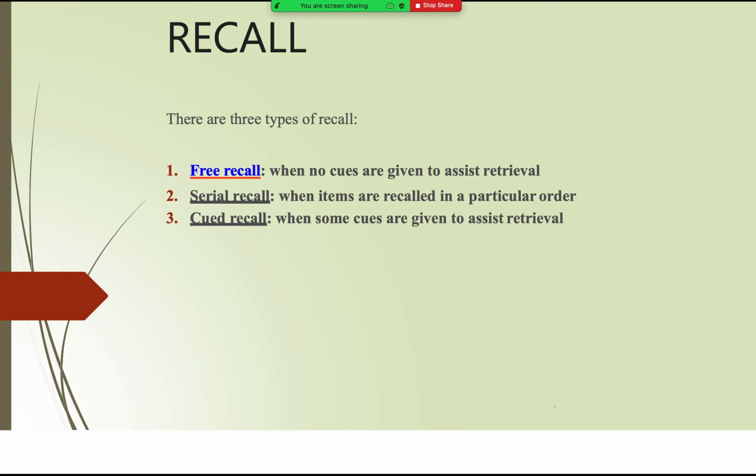Recall, the free recall, can be like no need for any cues at all. But serial recall is like you put them in a particular order and you do it. So this actually involves digging into the memory and bringing back information on a stimulus or response basis. For example, what is the capital of UAE?